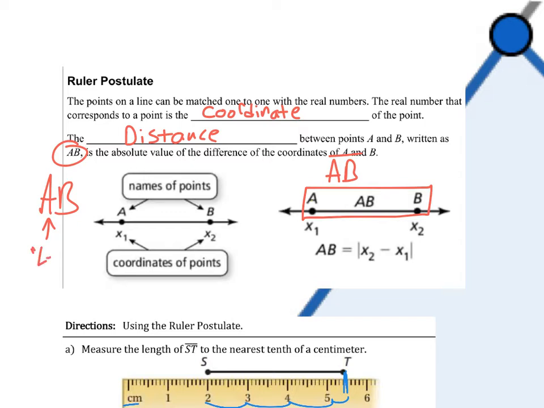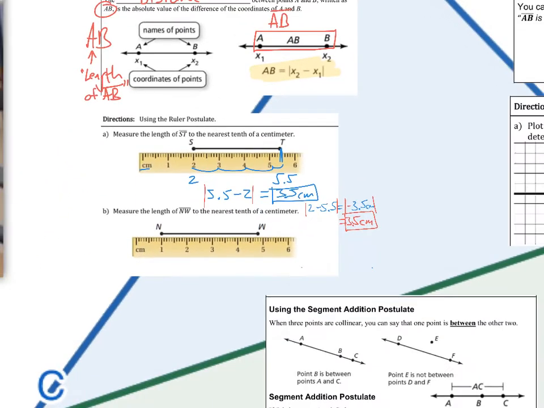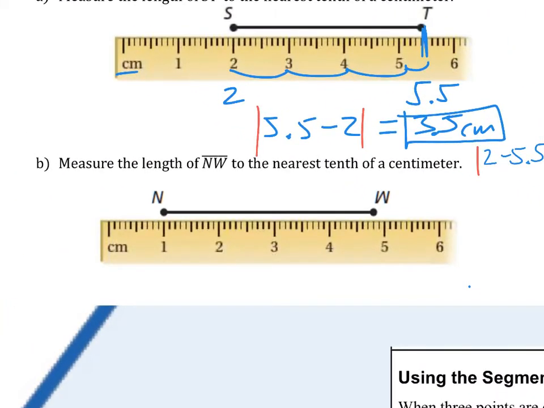So this is the length of AB. If we have a line segment with a bar over it like this, that's the name of it. Without a bar, that means we're finding the length. And the way we find its length is what we just discovered: we subtract the coordinates and take the absolute value. So that's the first postulate, the ruler postulate.